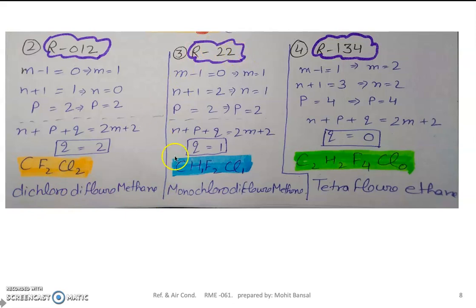For R22, it is said to be monochlorodifluoromethane. Whereas R134 is written as C2H2F4Cl0, which is written as tetrafluoroethane.